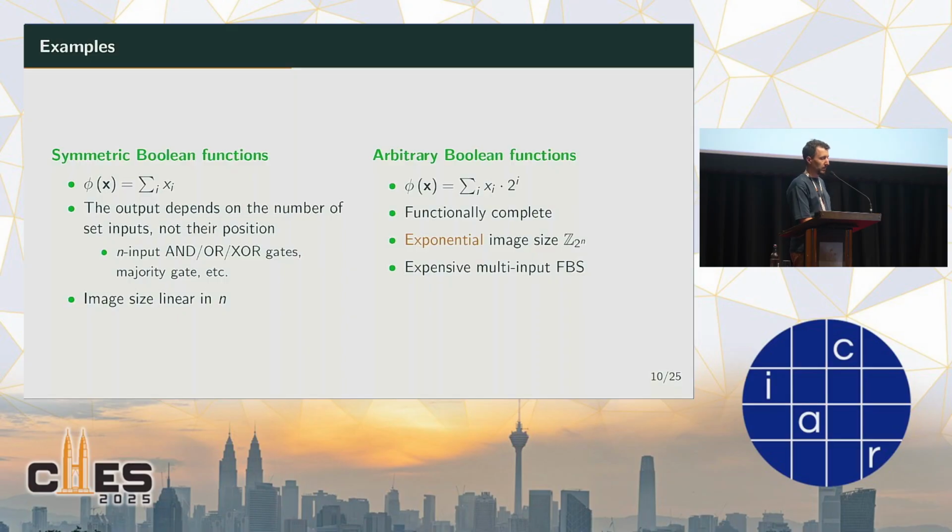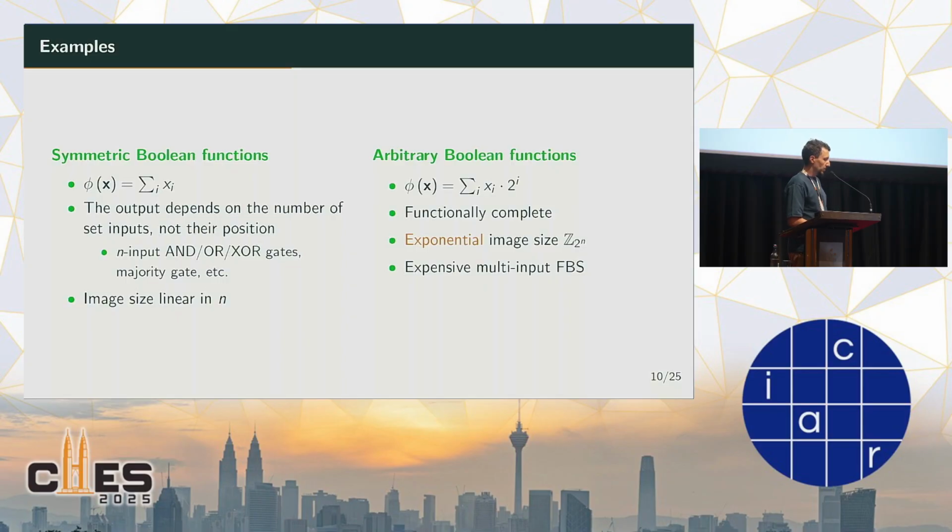But the drawback is size. It's exponential in the number of inputs. You'll have to use a bootstrapping space of size 2 to the power of n for an n-input Boolean function, which gives an expensive multi-input functional bootstrapping.